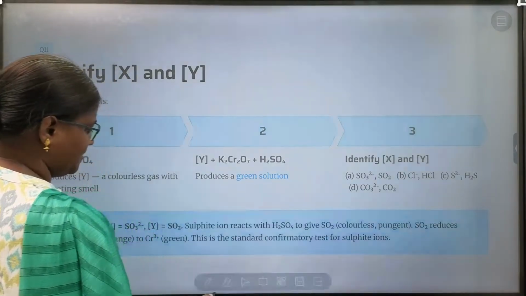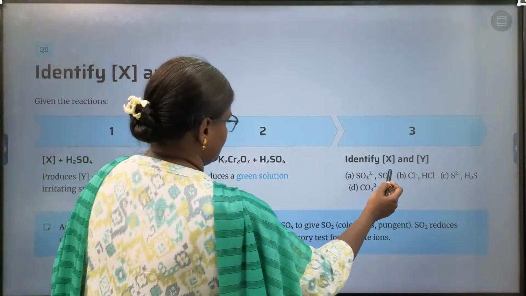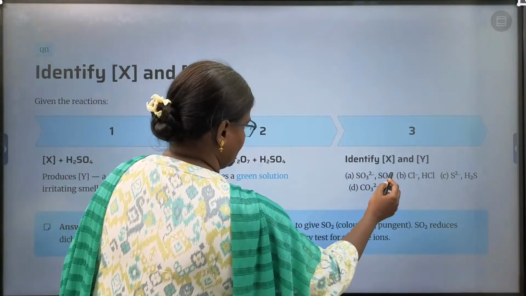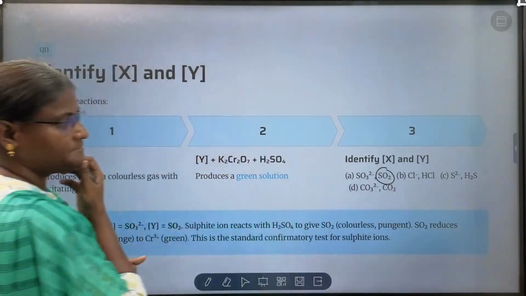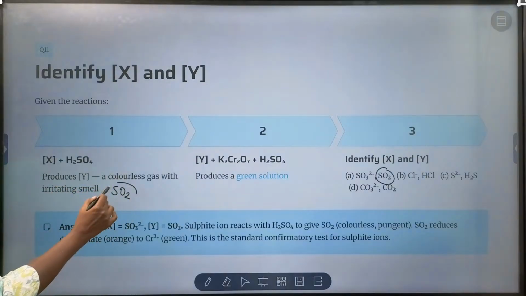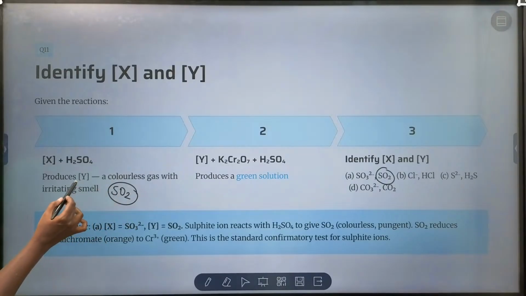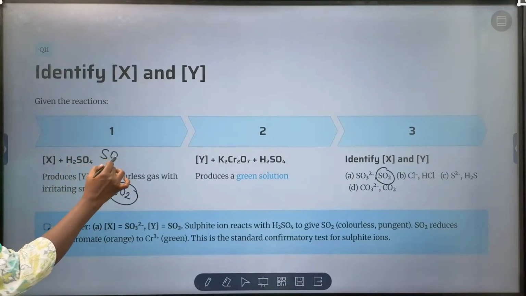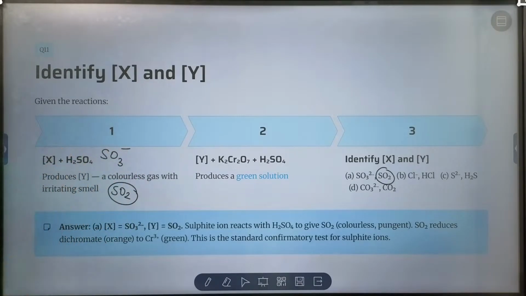Only in the first option, this Y is given as sulfur dioxide. Sulfite is the one which produces sulfur dioxide gas, which is a colorless gas which causes irritating smell. So option 1 is the correct answer.